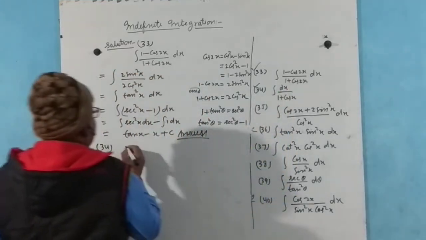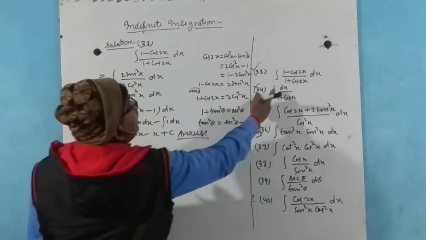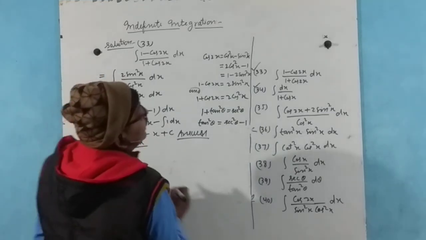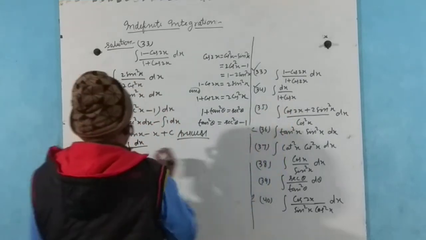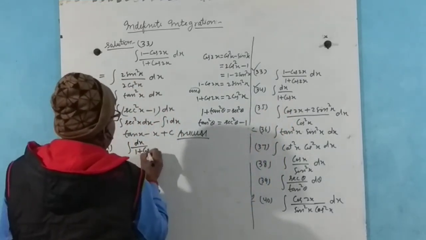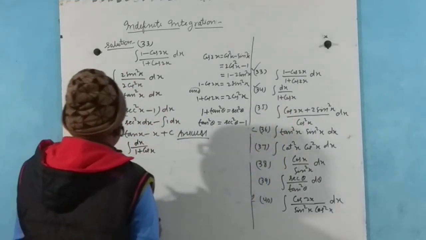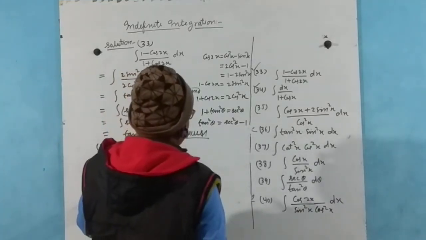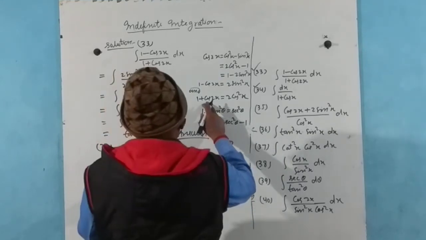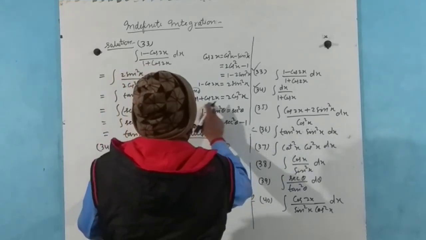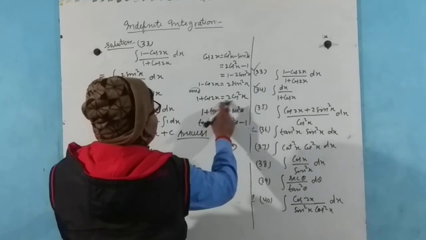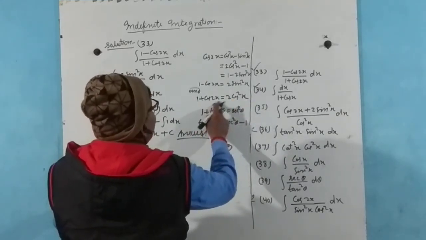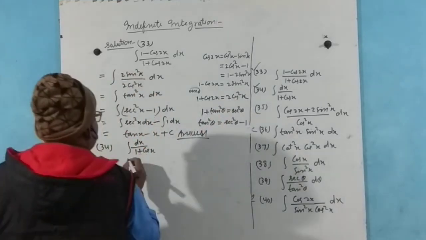The integration of dx by 1 plus cos x. Now 1 plus cos x: just like 1 plus cos 2x equals 2 cos square x, so 1 plus cos x equals 2 cos square x by 2.